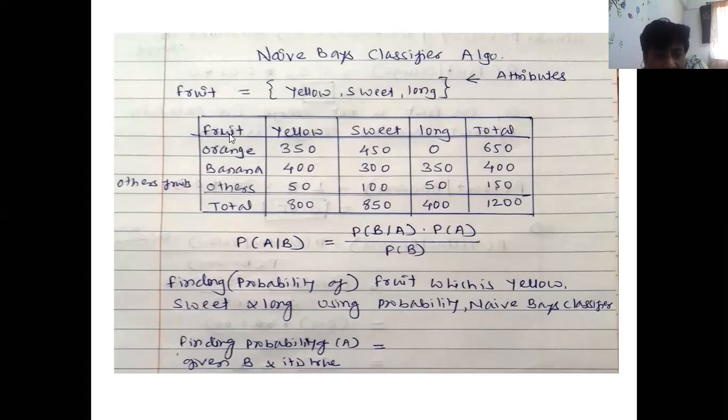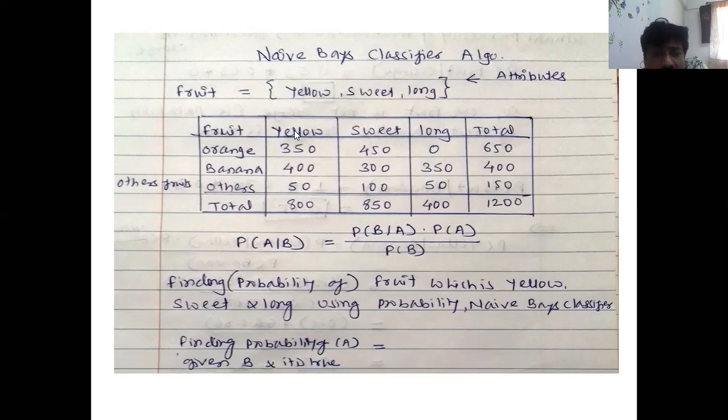The first column represents the number of fruits: orange, banana, and all other fruits kept in the category of others. And the second column is yellow, that is, out of the oranges, how many are yellow in color? That is 350. With respect to the fruit orange, how many are sweet? There are 450 oranges that are sweet.